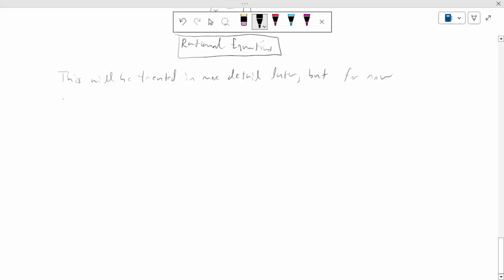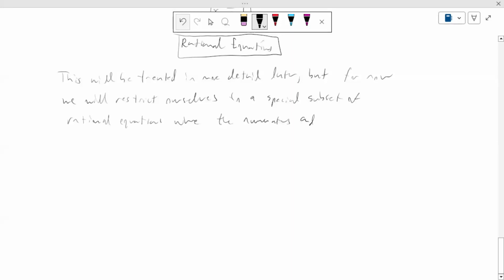But for now, we will restrict ourselves to a special subset of rational equations where the numerators and denominators are broken up into linear factors.